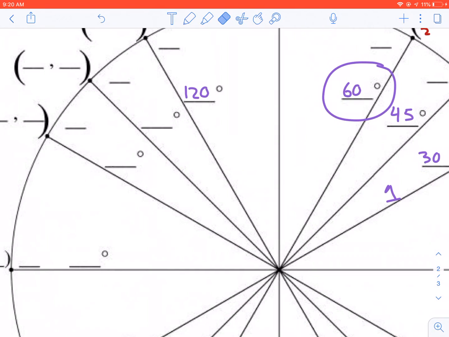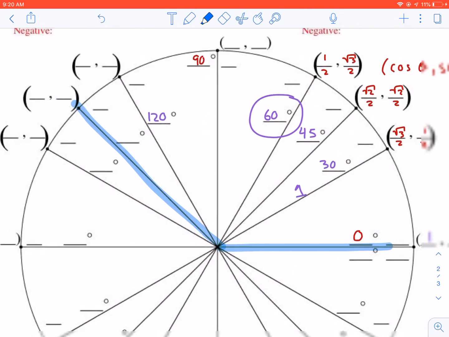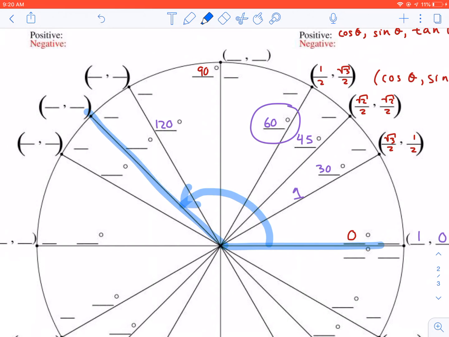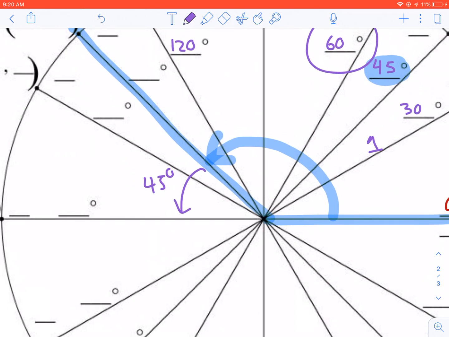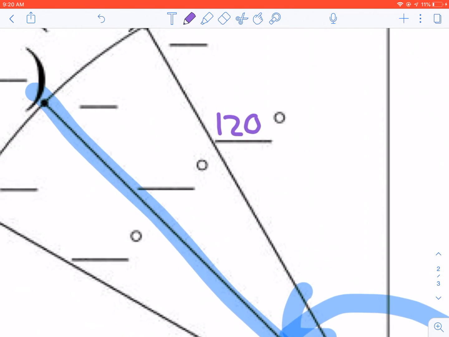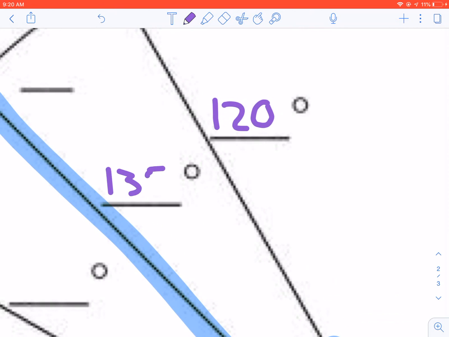If I look at this angle here in the middle, it's probably a good idea to highlight it, right? I know that's going to be corresponding with the 45 degree angle. So this piece here is 45 degrees, right? If the entire thing is 180, 180 minus 45, this is 135 degrees, right?